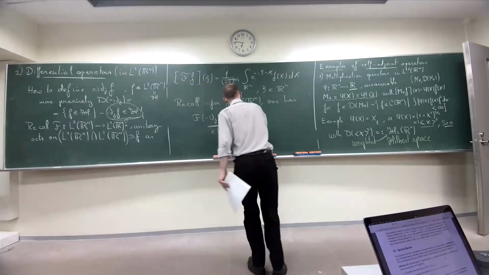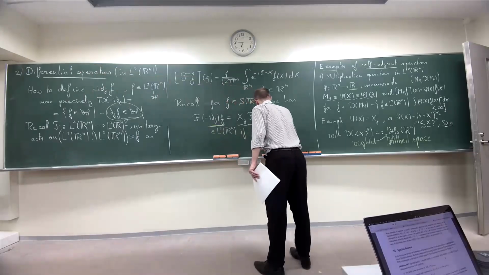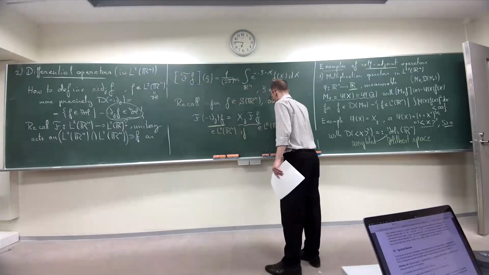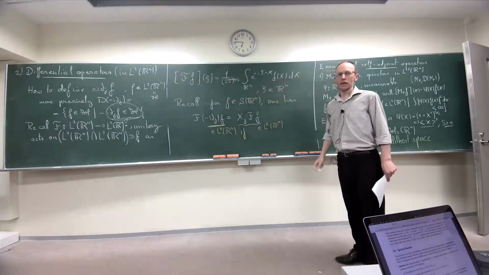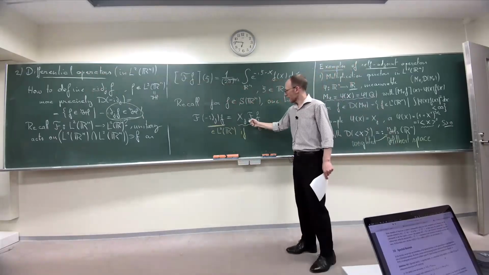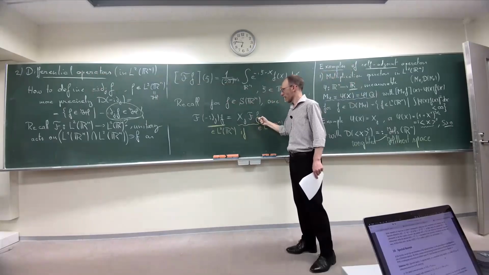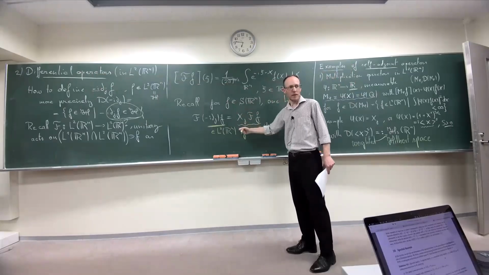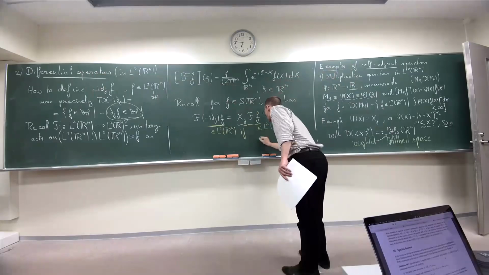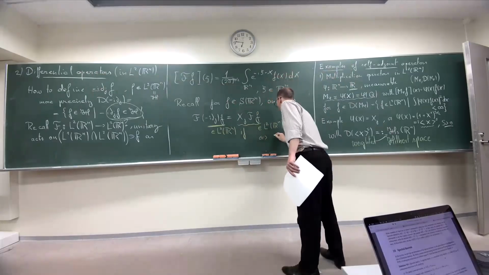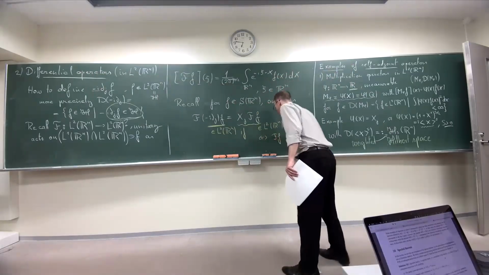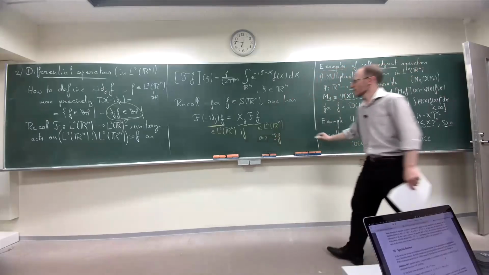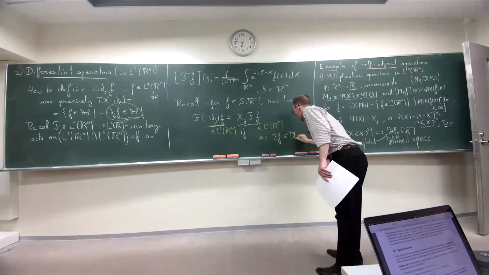But what does it mean? It means that the Fourier transform of f is in the domain of Xj.